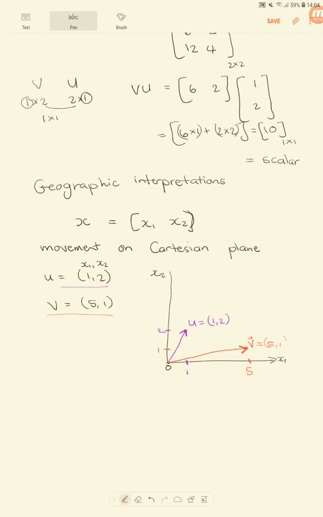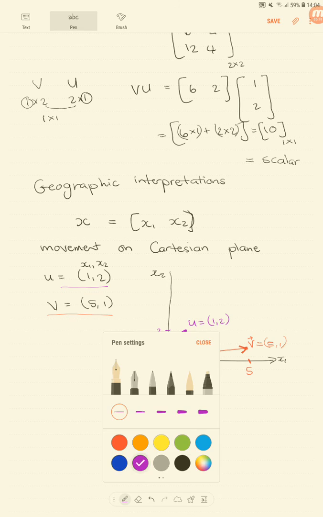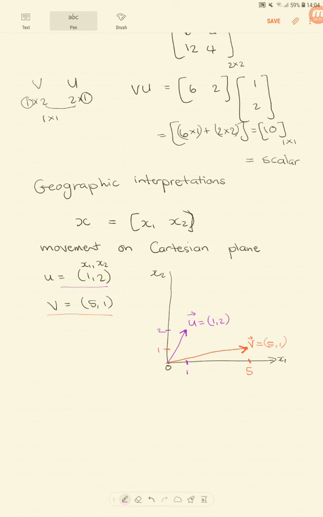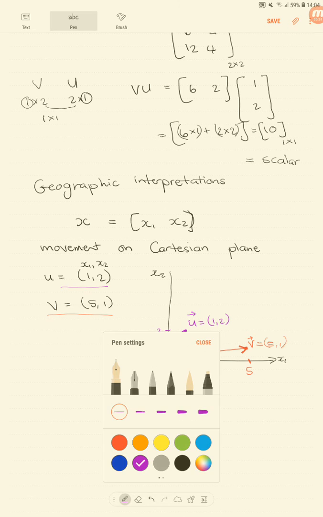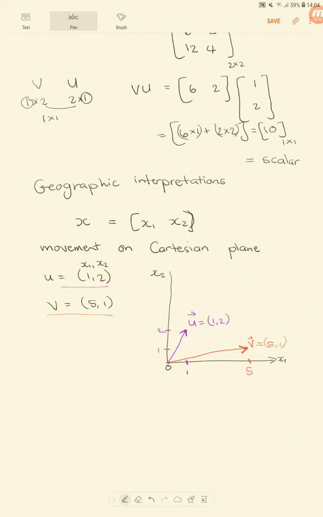So 5 and 1. So let's just indicate u as a vector as well. You can find more examples of vectors in the Cartesian plane on page 61, figure 4.2.